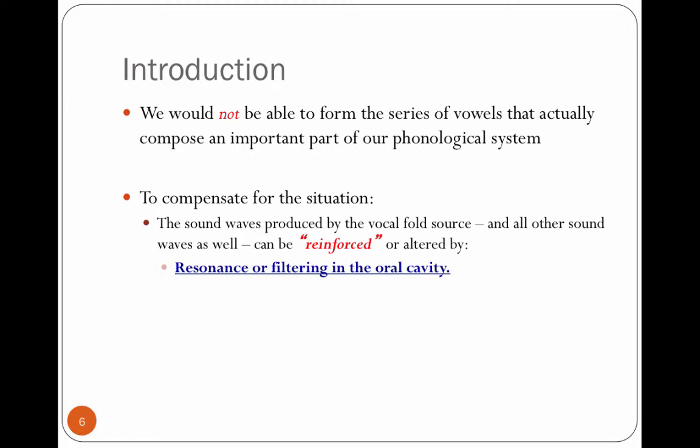So we would not be able to have the vowels that we have without these important cavities. But we do. So to compensate for just having that buzz, we are able to reinforce or filter the sounds that come out of our vocal folds in our oral cavity.